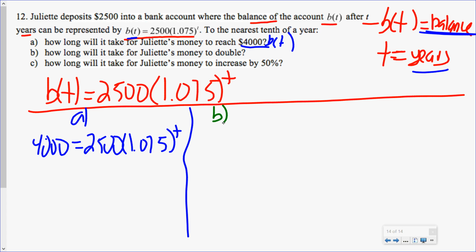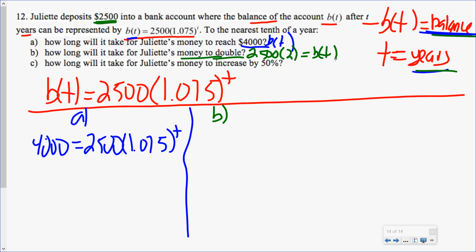How long will it take for Juliet's money to double? Well, this is indirectly giving me a piece of information. Money to double. Is this more related to years or balance? Balance. If her money is doubling, then her balance will be her initial amount times 2.